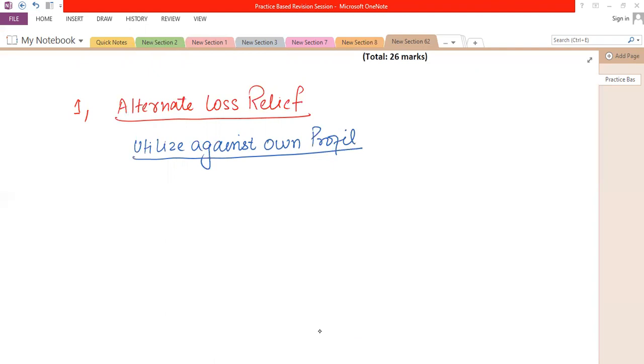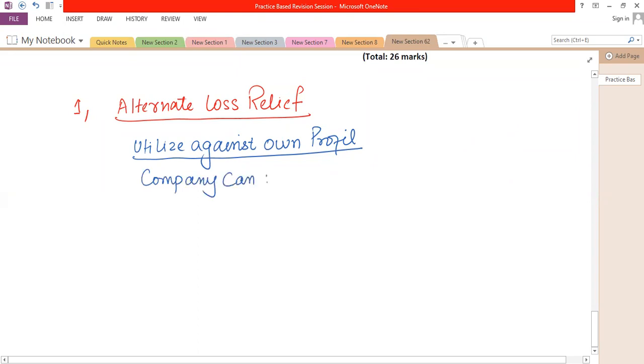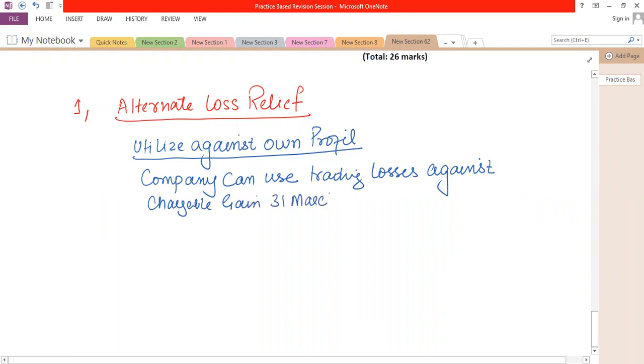So you can write it like: company can use trading losses against chargeable gain. This is current year, 31st March 2021. This is basically the current year.